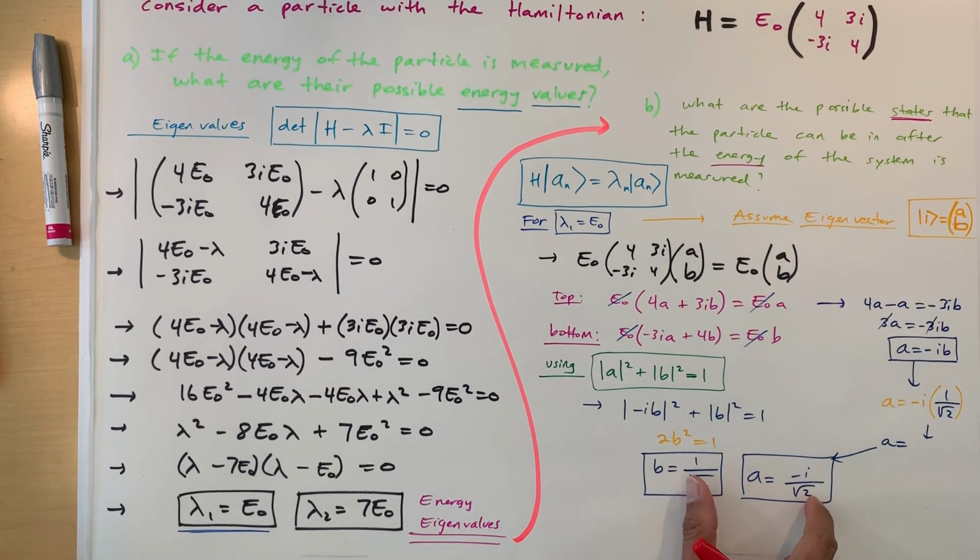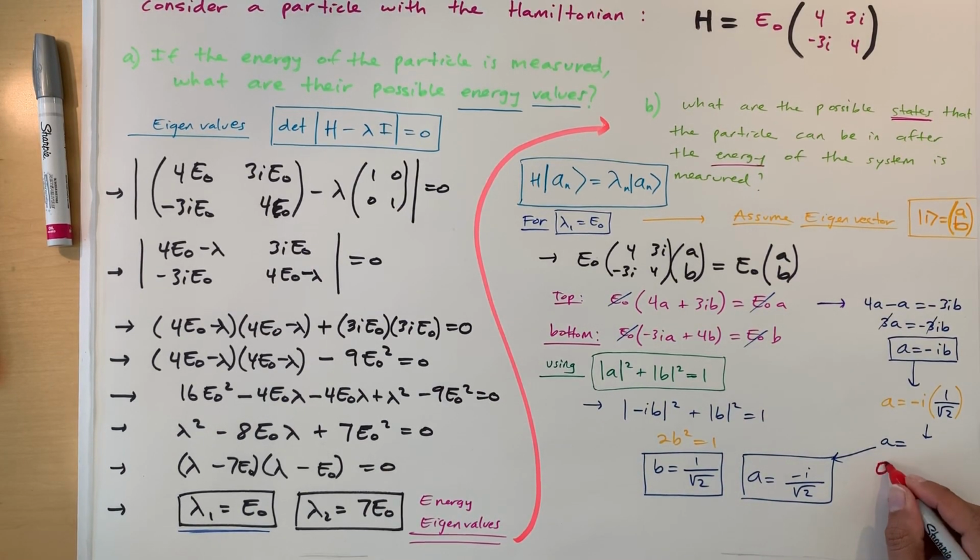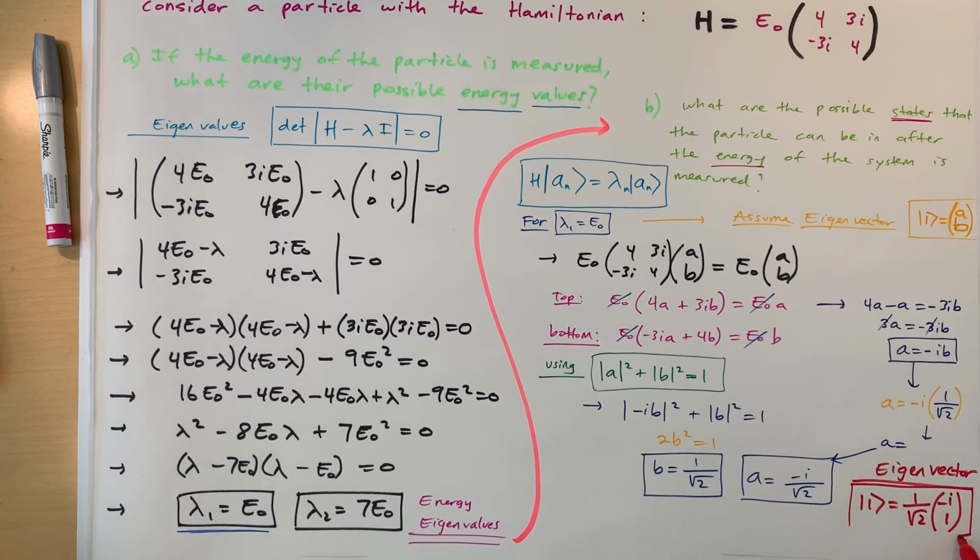Now we found those constants, and so let's replace the constants in here and rewrite our eigenvector. Our eigenvector is now going to be 1, the energy state, and then 1 over square root of 2, negative i, and 1.